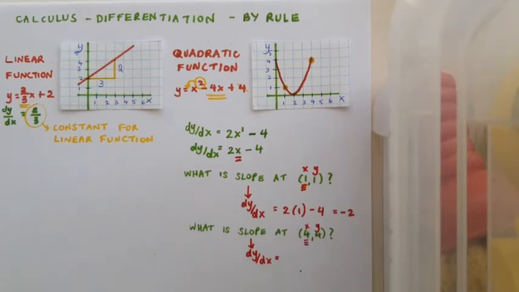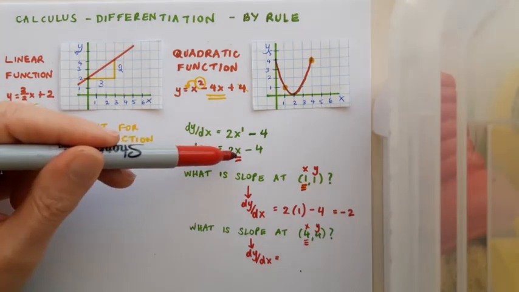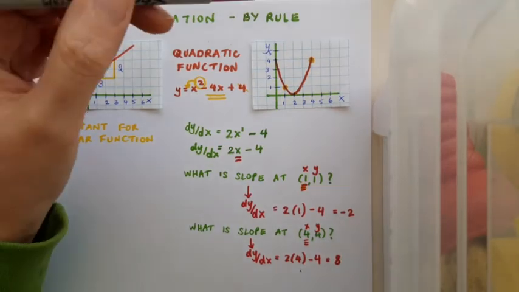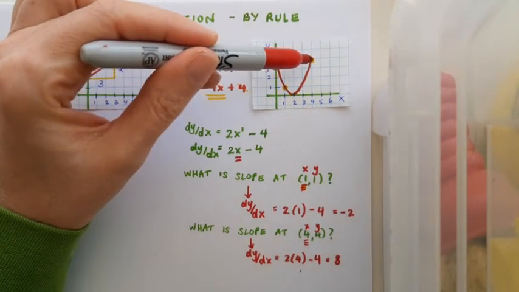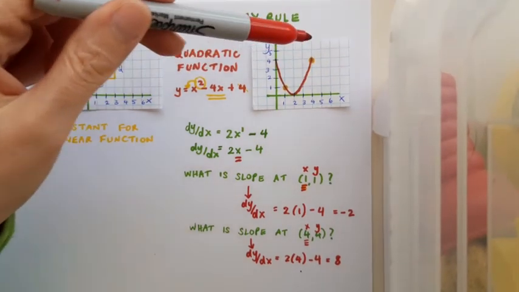And if I sub that x value into dy dx, in here for x, it'll tell me the slope at that point. And in this case, I get an answer of 8, which means that at this point the quadratic is sloping up with the value of 8. And we can see quite clearly in the diagram that it is increasing, that it is sloping up at this point.